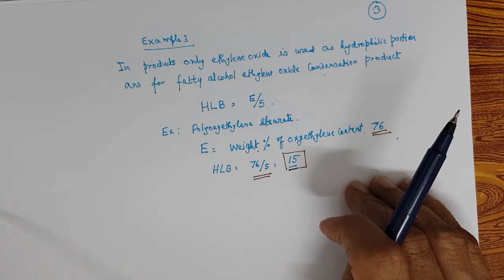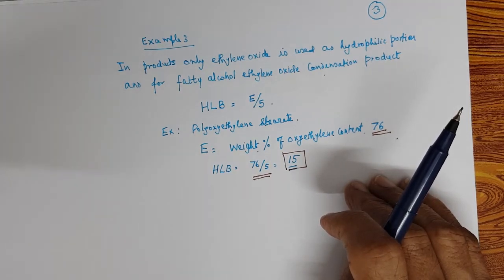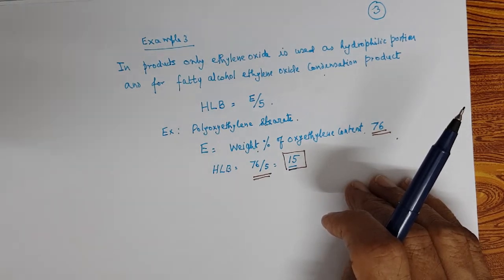So now we have calculated the HLB values of emulsifiers; these are the methods. But nowadays we need not take effort to calculate this, because the suppliers of the emulsifiers themselves will provide you the HLB of the emulsifiers you use.